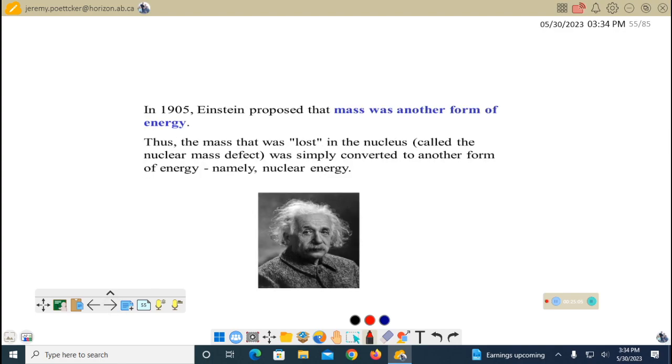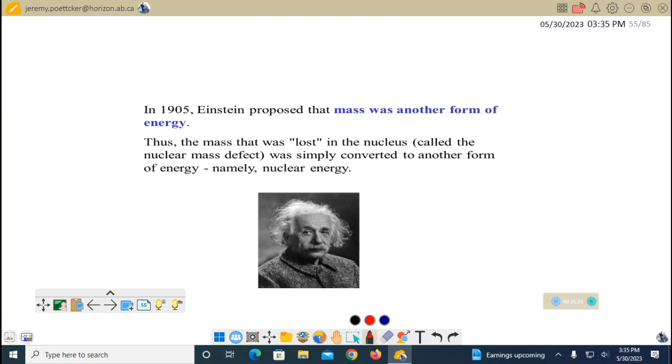And no. Einstein in 1905 proposed that mass simply is another form of energy, which means that the mass that was lost in the nucleus, called the nuclear mass defect, was simply converted to another form of energy, namely nuclear energy.